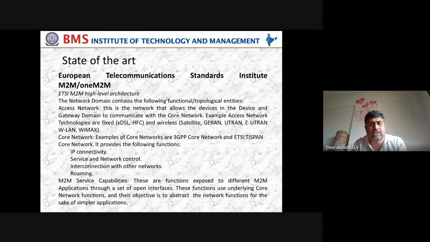Usually in all our projects we connect with IP connectivity only. Then service and network control, how we do that, interconnection with other networks, and roaming, how we take those into consideration. These are all the things that will be there in a core network, that is, how far we are going to connect.